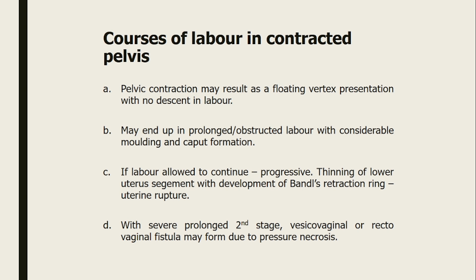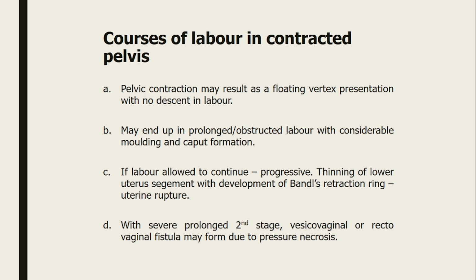This is a common problem in African countries, where we have the highest number of vesicovaginal or rectovaginal fistula in the world. And usually, they almost always arise from complications of prolonged obstructed labor.